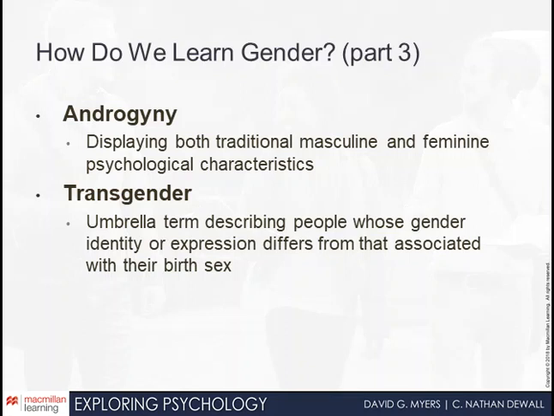So, what this basically means is individuals who were born male but have their gender identity more associated or more aligned with female, or vice versa, where we have a female whose gender identity is more aligned or more associated with male, transgender. People whose gender identity or expression differs from that associated with their birth sex.